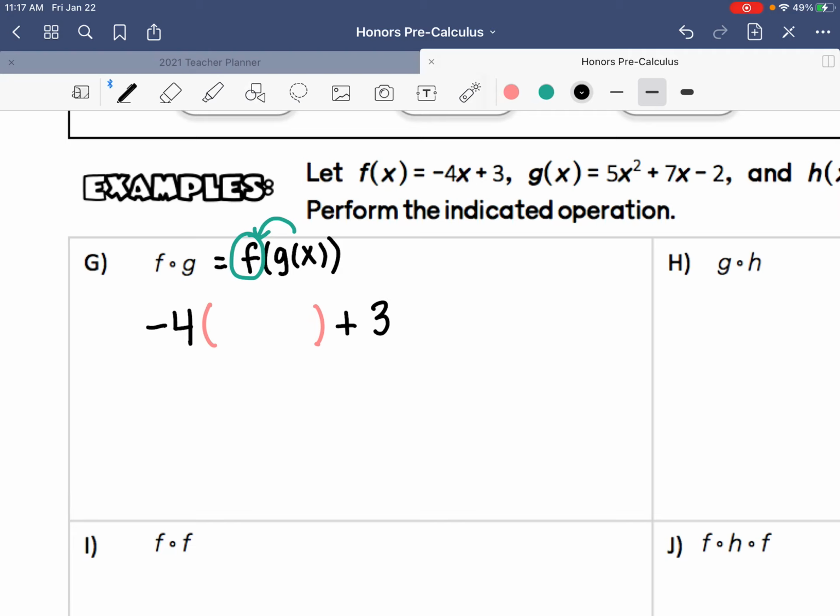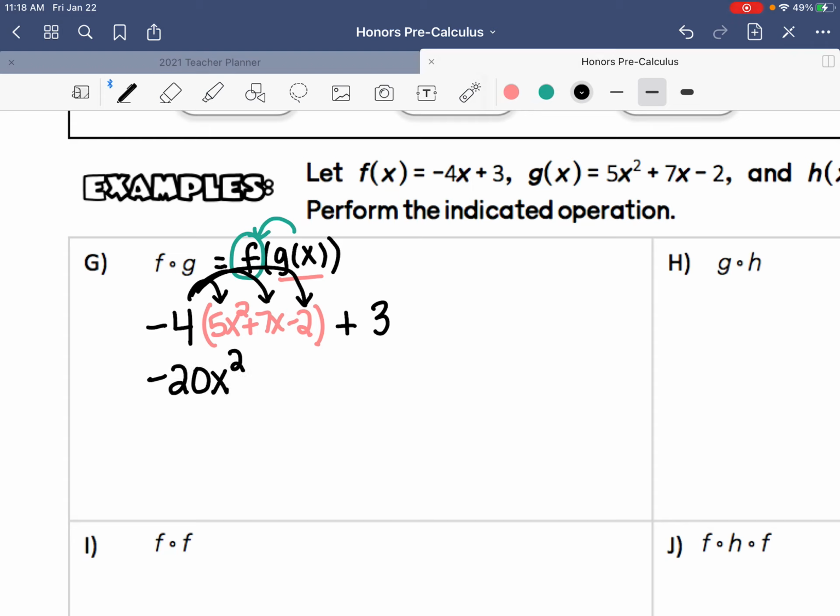So I have negative 4x plus 3. So now I have negative 4 parentheses plus 3. And in that parentheses, I'm going to plug in my g function. My g function is 5x squared plus 7x minus 2. And then we're just going to evaluate and simplify. So we're going to distribute my negative 4 to everything in the parentheses.